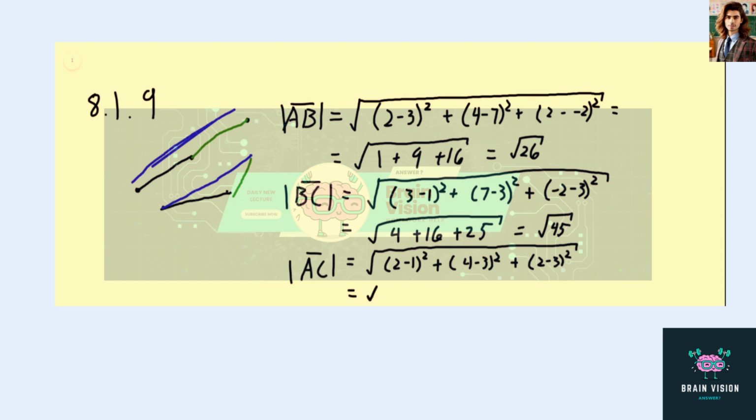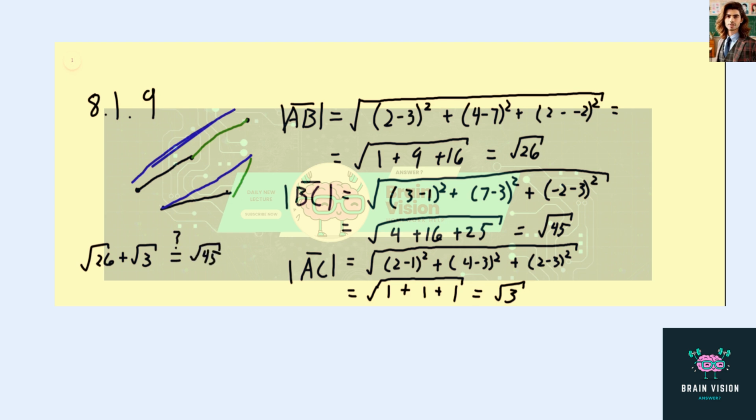So we have square root of 1 plus 1, and then this will be plus 1, or root 3. So if we take the 2 shorter ones and add them together, root 26 plus root 3, the question is, does that equal root 45?